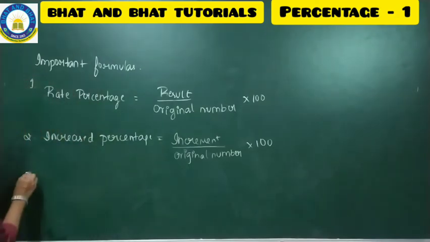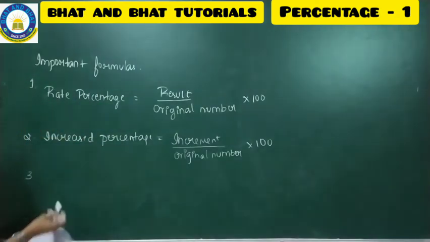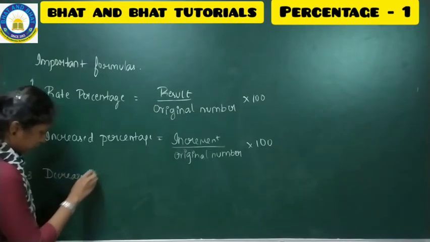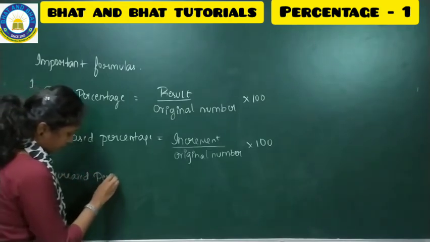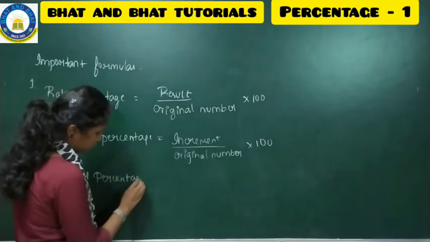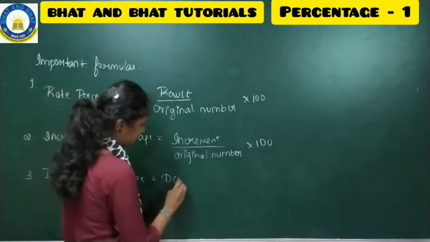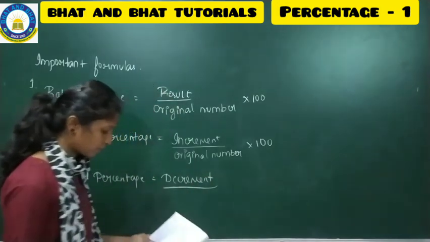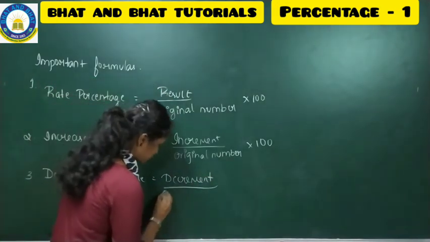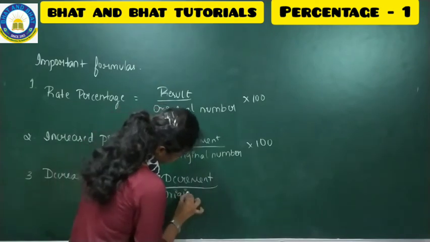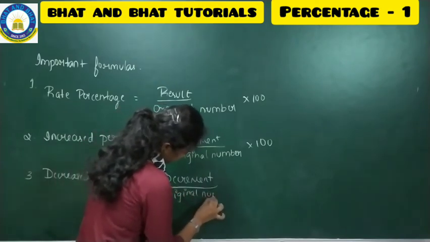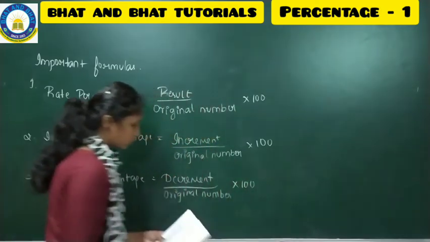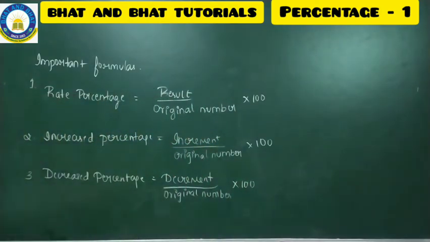The third one, to find the decreased percentage, we have one more formula. That is decrement, that is decreased number divided by original number into 100. So make a note of these formulas. I'll explain you when doing the problem.